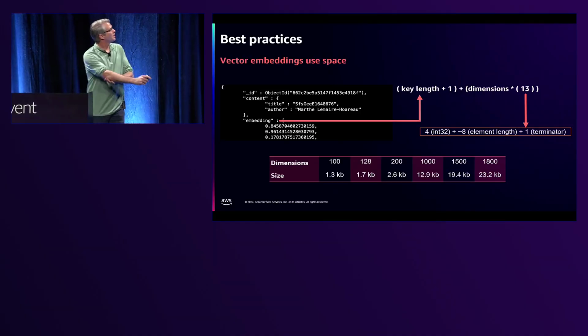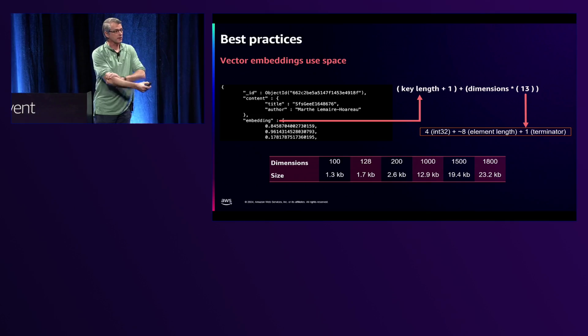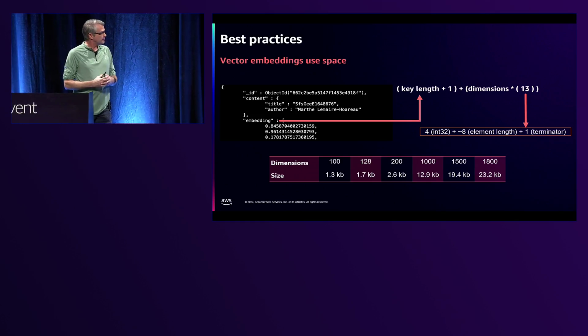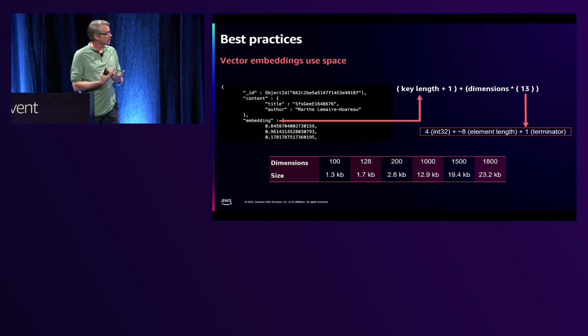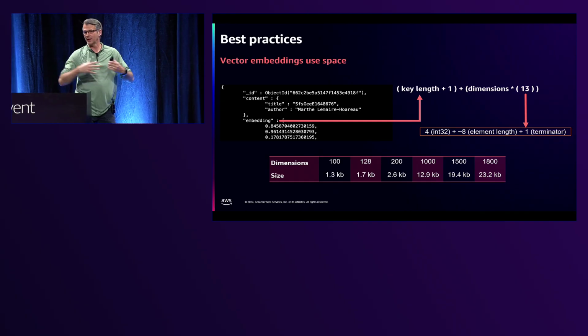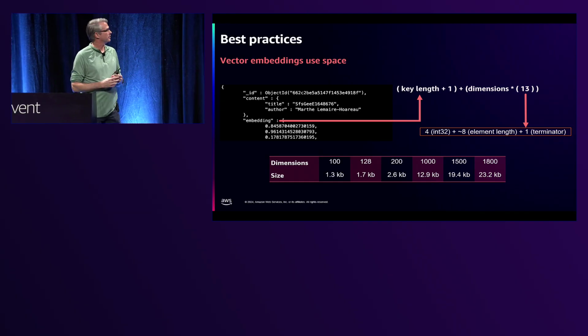All right, the surprise is that vector embeddings use space, as you can imagine. Now, this is maybe not something you might necessarily think about at first, but it certainly can have implications. You may want to have the max number of dimensions in your vector for the best search results.